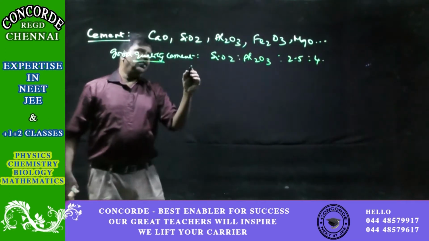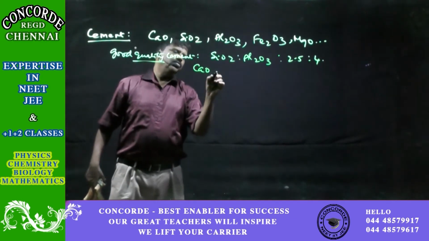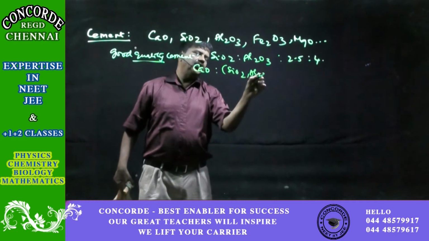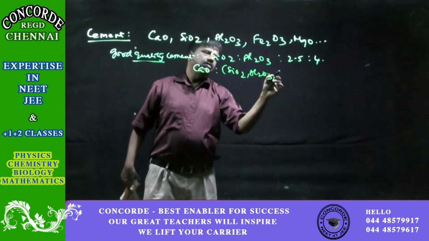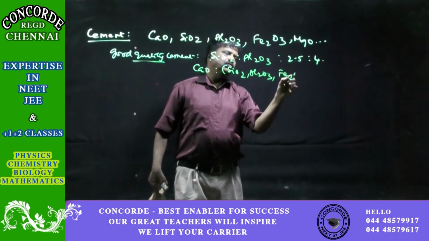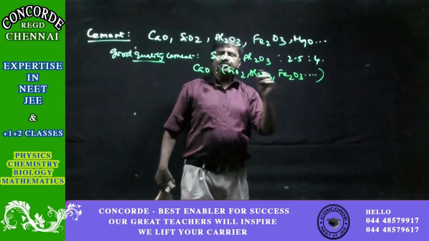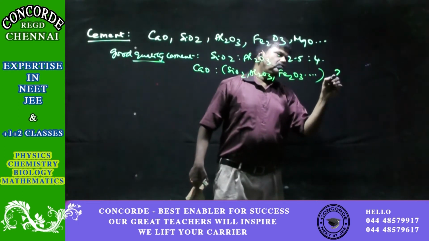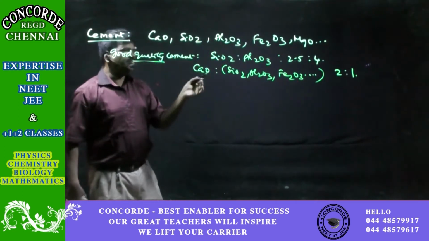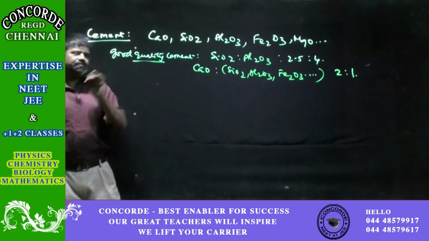And all the oxides, CaO is to all other oxides like SiO2 or Al2O3 or Fe2O3, all these oxides should be 2:1. So all the oxides should be 1 and calcium oxide should be double of that.